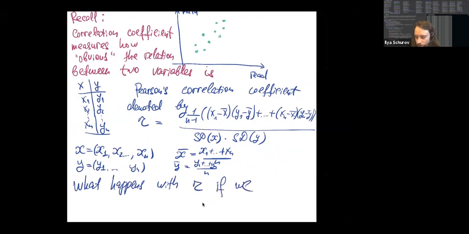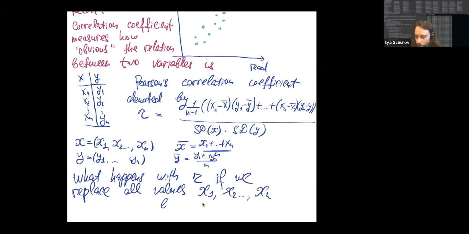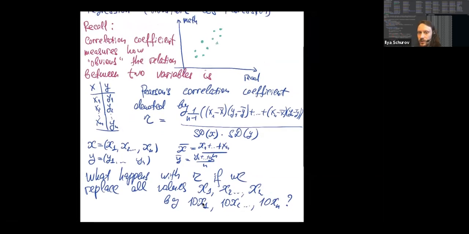If we replace all values x by, for example, 10x, what happens in this case with the value of this R? This was discussed briefly at the end of the previous lecture, but let us look at the formula and see what happens in this case.